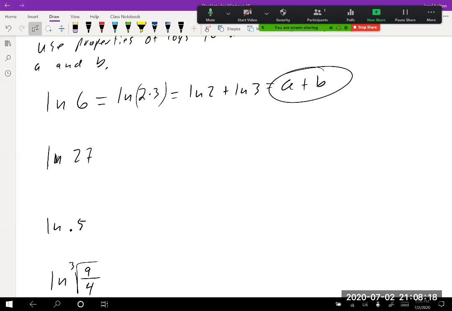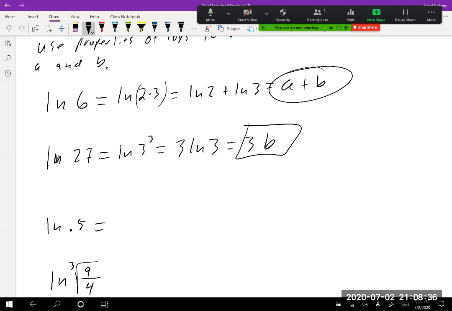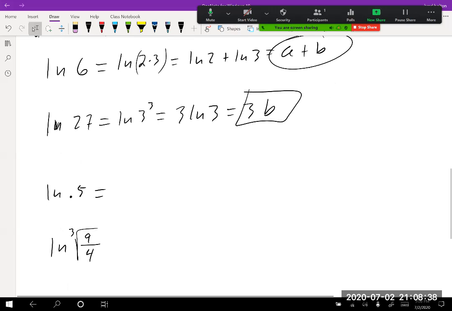Okay, so hopefully you guys are back. And the first thing you did was you rewrote this as 3 cubed, because 27 is just 3 times 3 times 3. So then this just becomes 3 natural log of 3. But we know that the natural log of 3 is worth B, so this becomes 3B, and there's your answer. Now, 0.5, you have to think, what is 0.5?